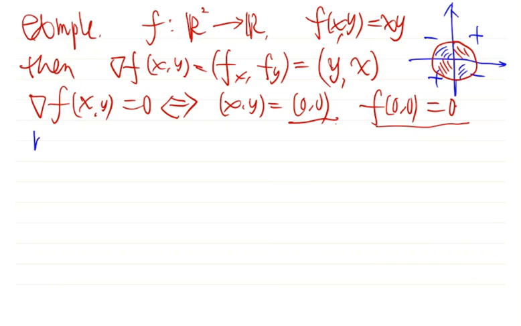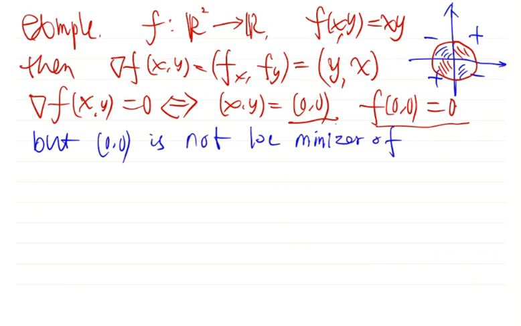So the conclusion is that it's not a local minimizer of f. Although the gradient is 0, although the origin is a critical point, it is neither a local minimizer nor a local maximizer.